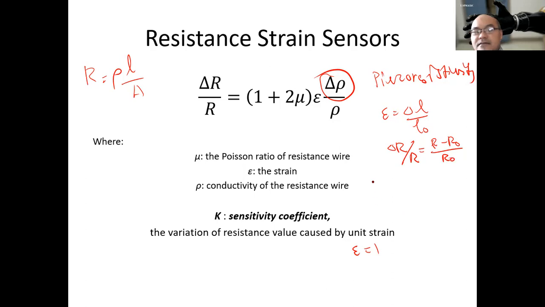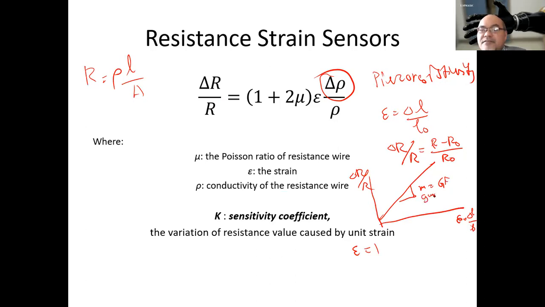When we plot delta R over R as a function of epsilon, which is delta L over L0, I explained it yesterday also, the gradient here is basically the sensitivity. Remember the definition of sensitivity. M here will be the gauge factor.